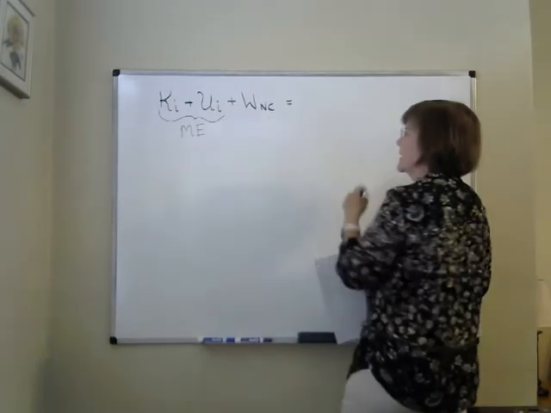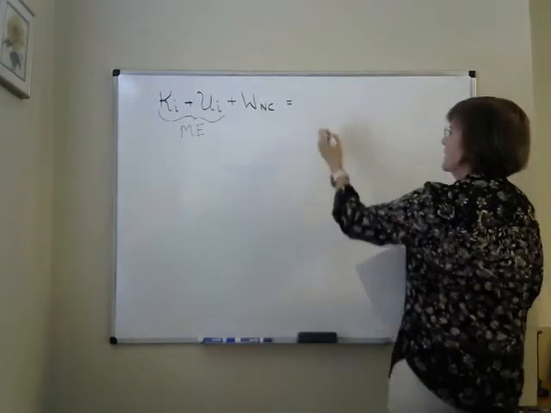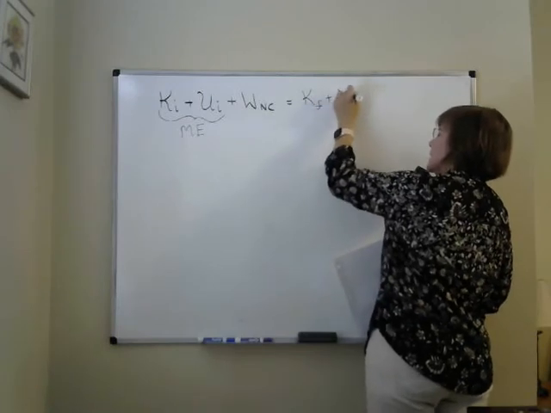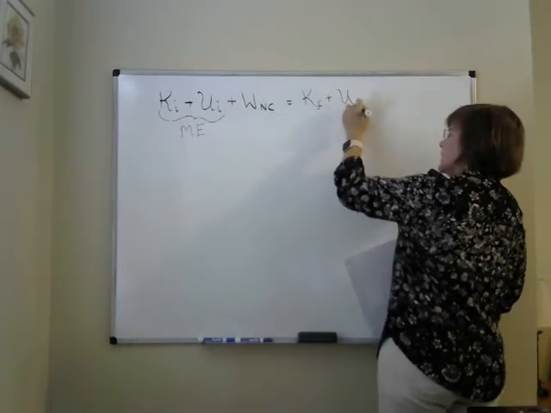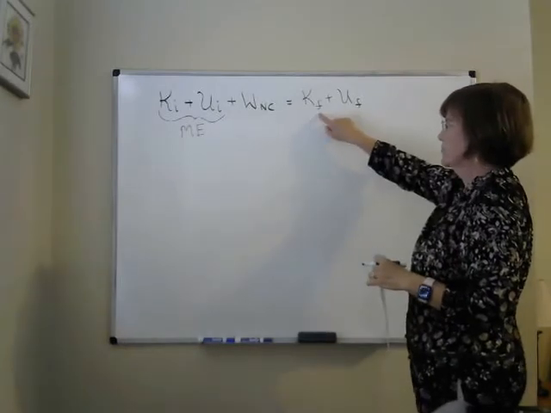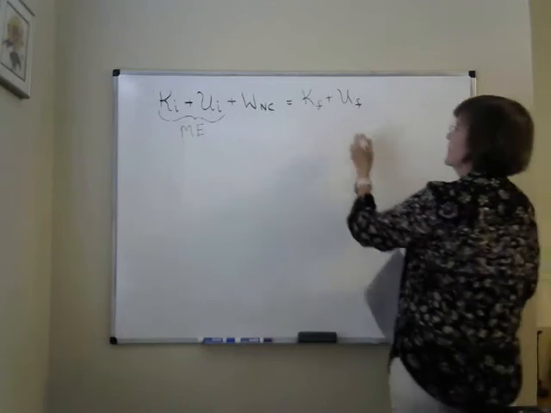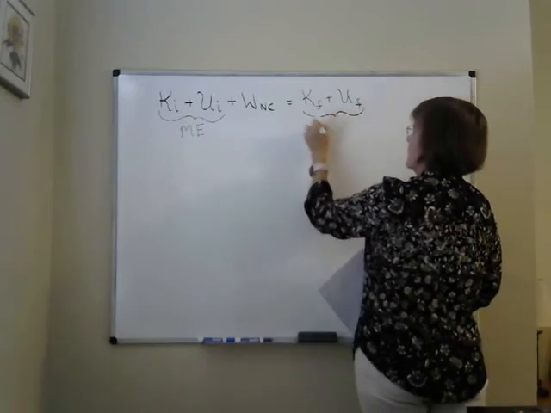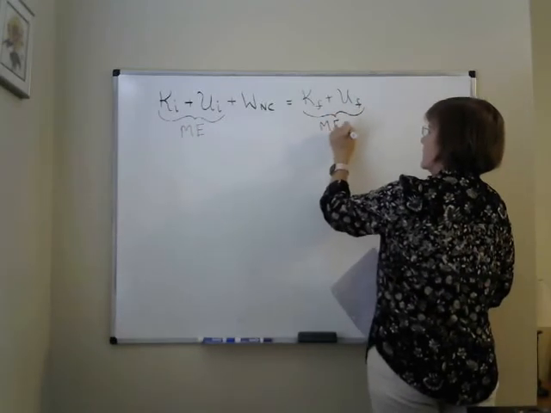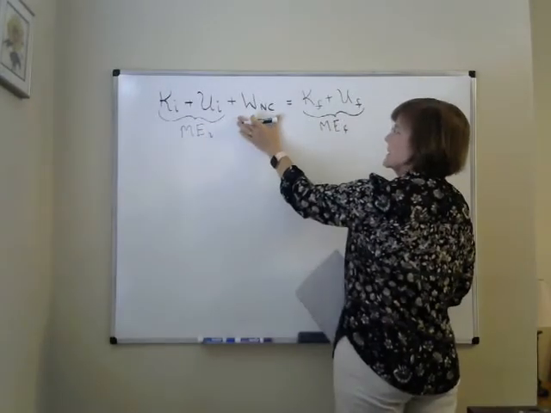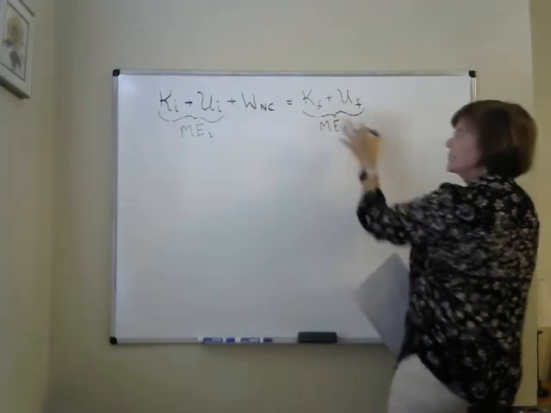So when we get done, that is going to give us the final kinetic energy plus the final potential energy. Since this is a negative quantity, this will be less.